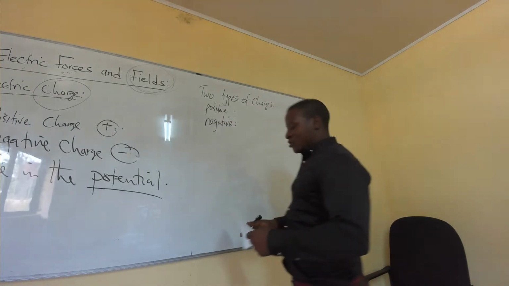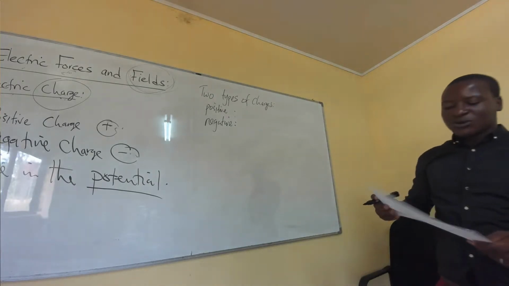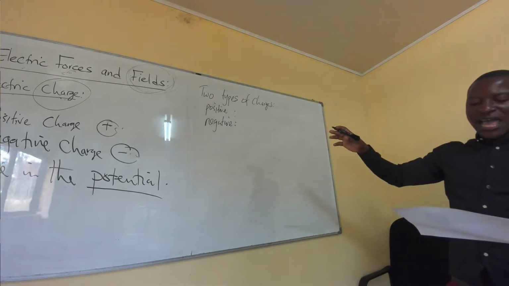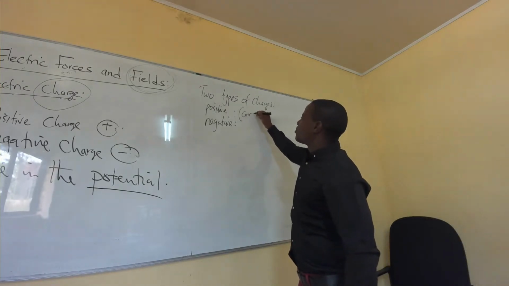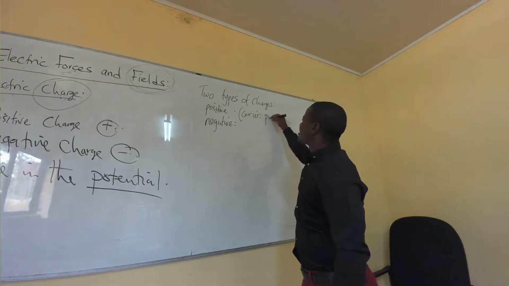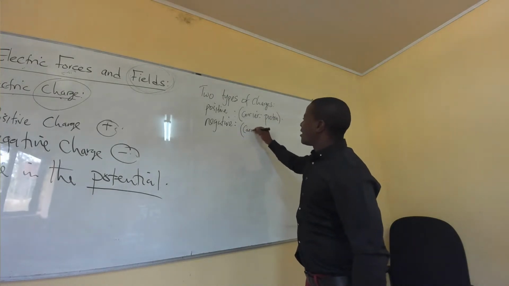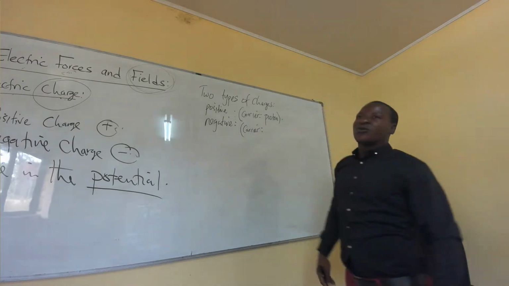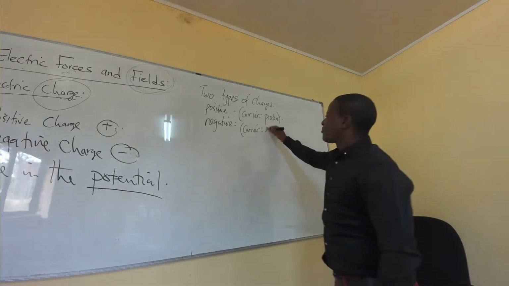So to define them in detail, when you look at the positive charge, here we put what is called the carrier. This is the proton. And here, our carrier is what is called the electron.